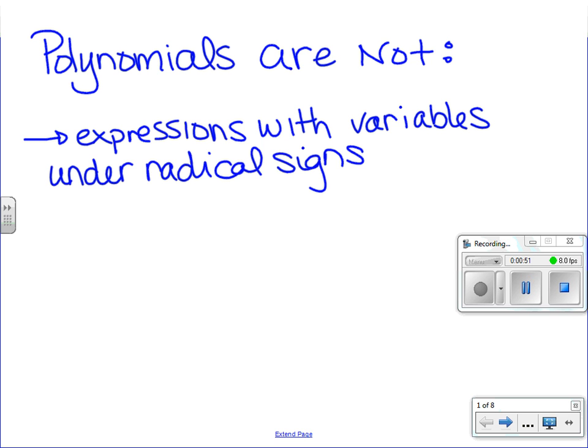That's where it is. In higher levels of math, we will discuss what happens with those variables under root signs. As well, we talk about what else is not a polynomial.